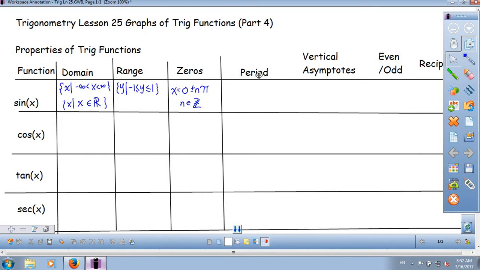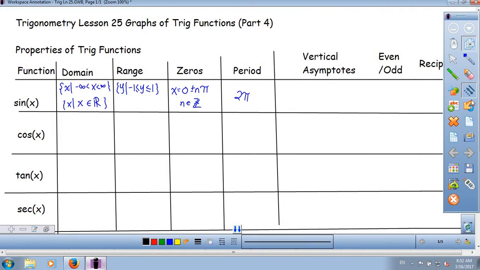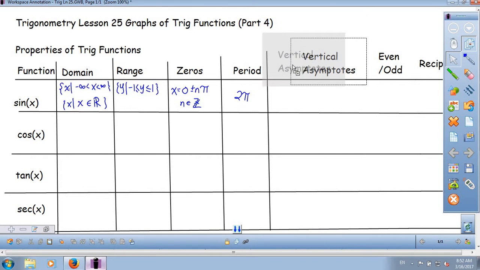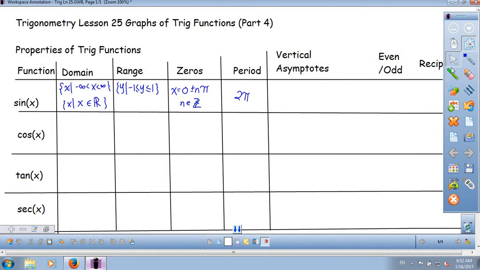All right, what about periods? The period of the function, as I mentioned before, is 2 pi, because it completes its whole cycle within the space of 2 pi. So period is 2 pi. All right, what are vertical asymptotes? Vertical asymptotes are the positions where the function is undefined.